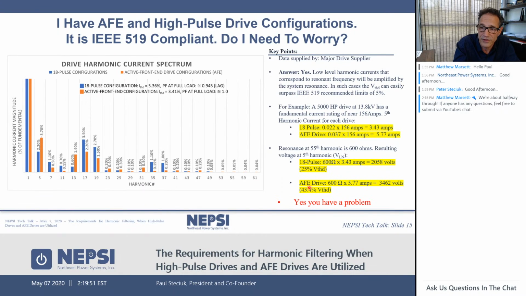For the active front end, it's even worse. We climb up to 43.4% VTHD. So yes, you do have a problem. When doing power factor correction, always consider even the low harmonic output from drives, because those low harmonic outputs can create a significant amount of voltage distortion.